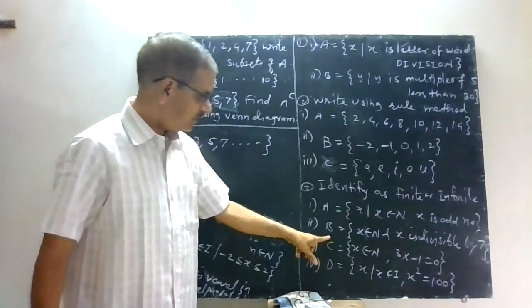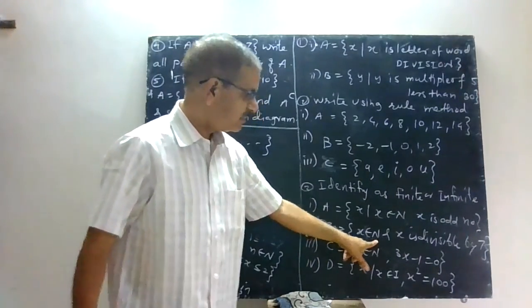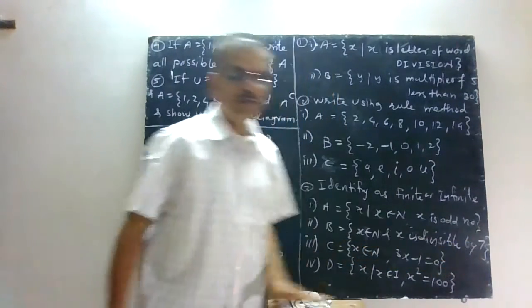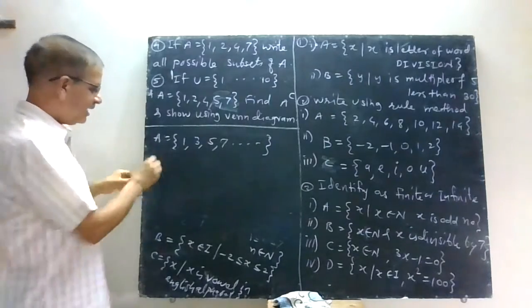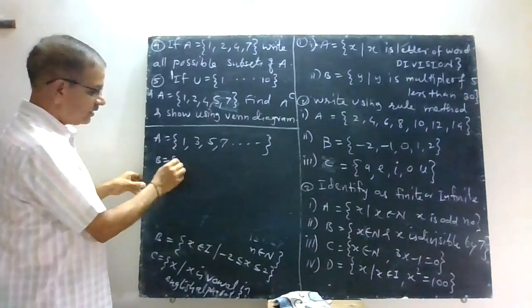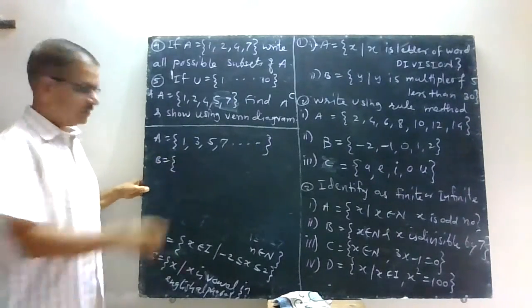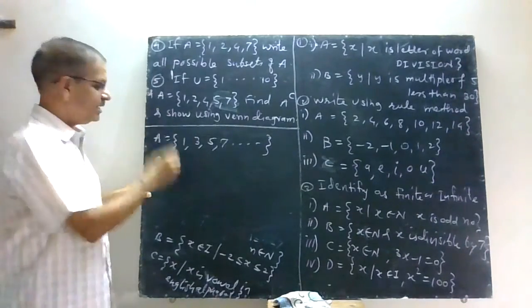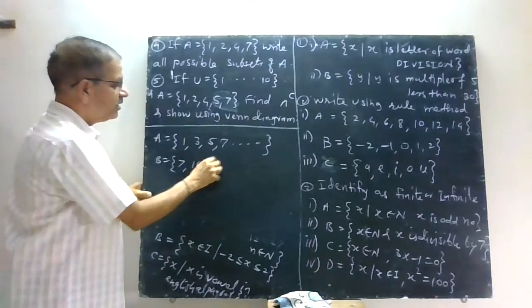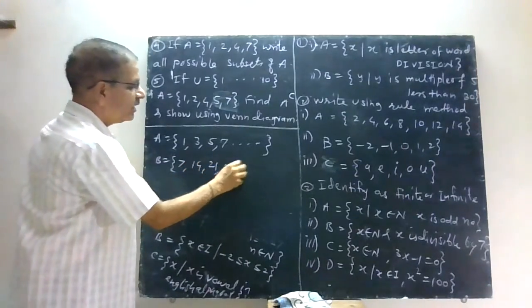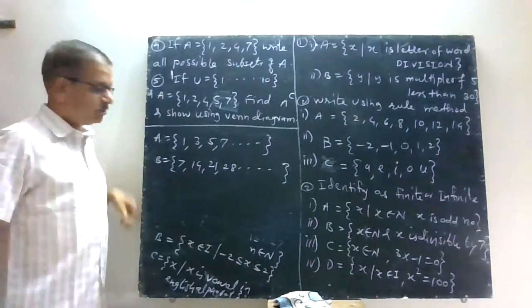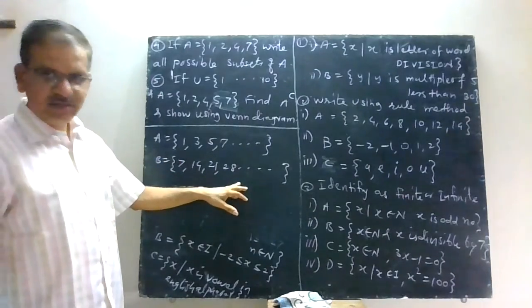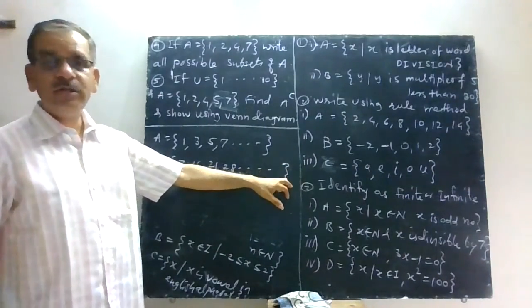Now set B, all natural numbers which are divisible by 7. That means actually the table of 7, not only up to 10, but you can extend it: 7, 14, 21, 28 and so on. It has no end. So again this set you can call an infinite set because you cannot write down all the elements in this set.